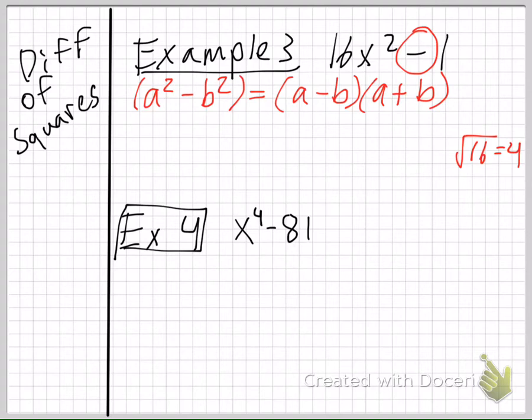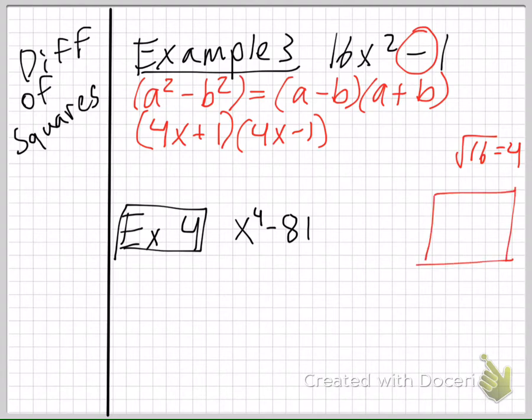So then I can see that if I say maybe 4x plus 1 and 4x minus 1, that will probably be my answer, right? Because 1 itself is also a perfect square. And if we multiply these out together, right, in our box method, we've got 4x plus 1 and then 4x minus 1.